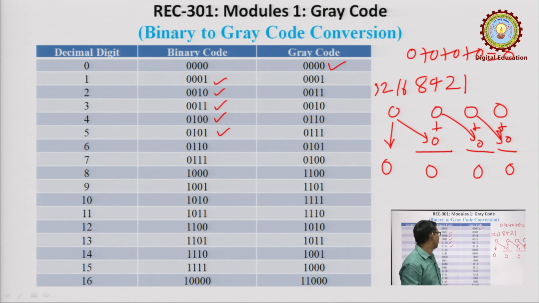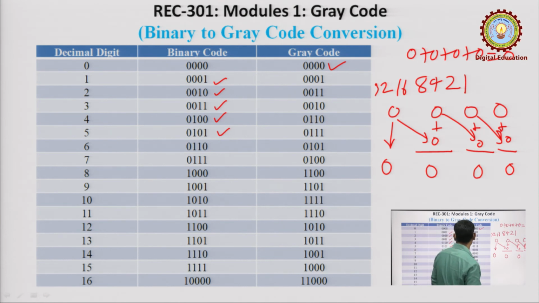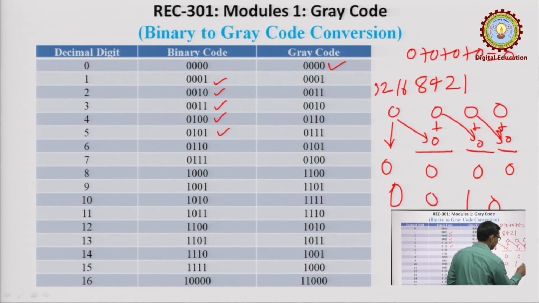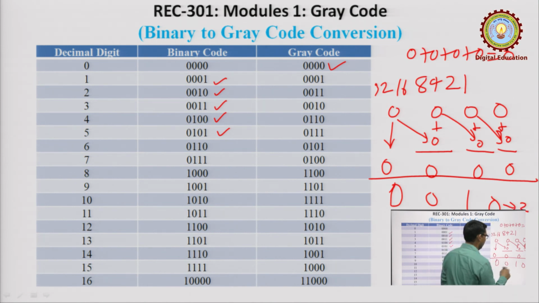Okay. Similarly, if we want to get the gray code of 1 or 2, we can discuss this one. The binary code for 2 is 0 0 1 0. We want to get the gray code.